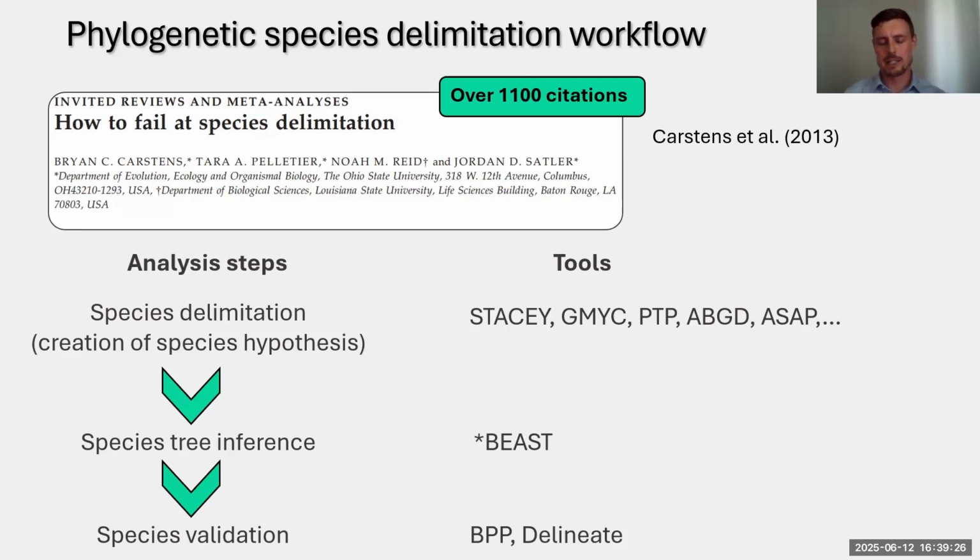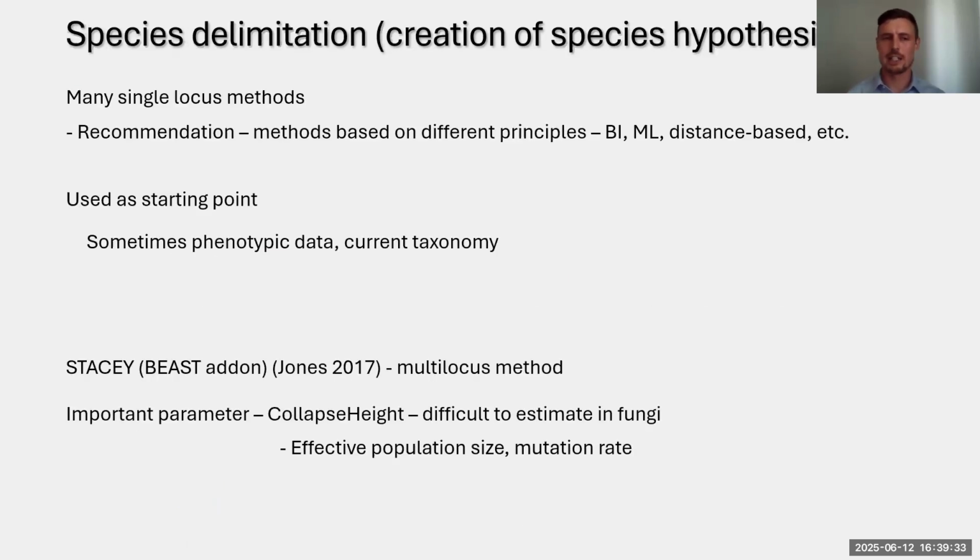It's always best practice to use as many methods as possible, compare the results, and use the consensus. But I think if I should choose just one method to go with, I would choose this one of these available methods.